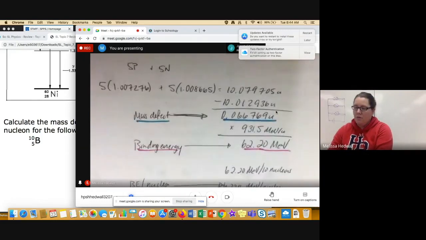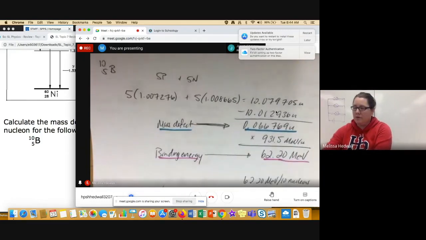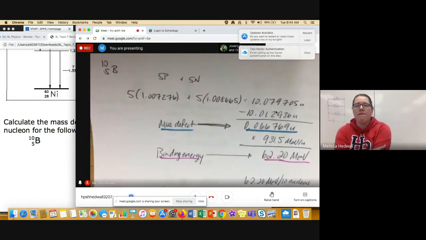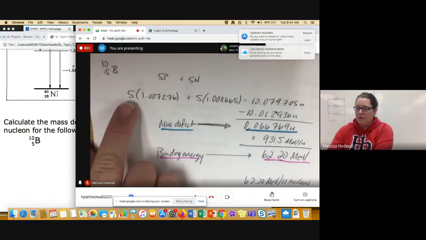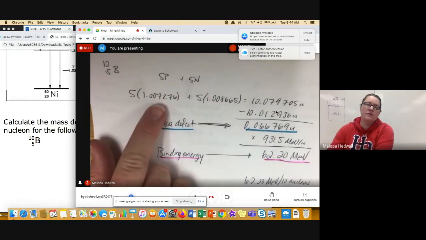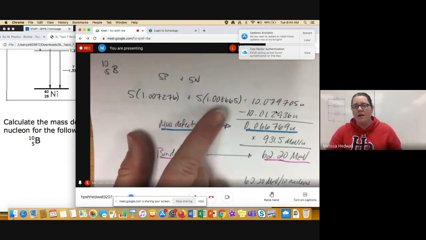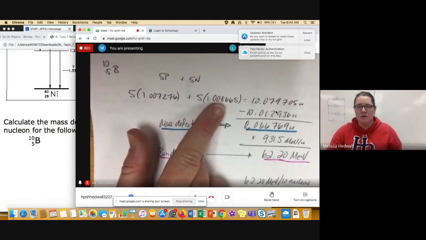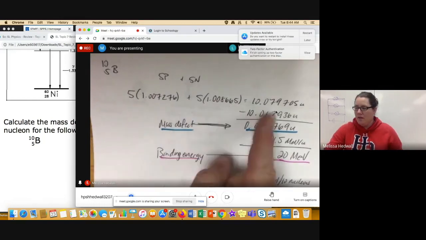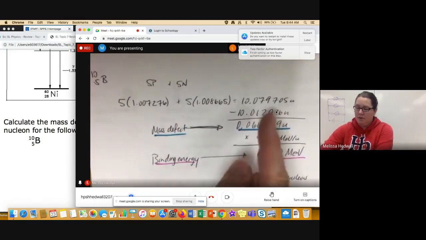With boron 10, we have 5 protons and 5 neutrons. And so we're taking the 5 protons times the mass of the proton in atomic mass units, plus 5 of the neutrons and the calculation for that. And then we get this top number here.